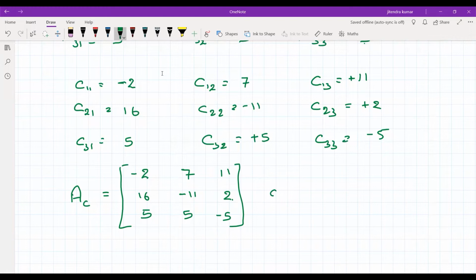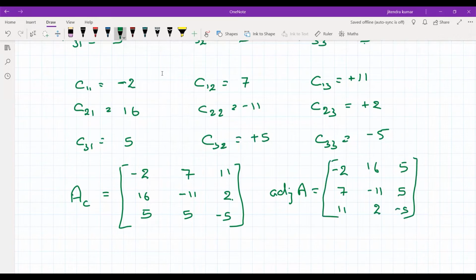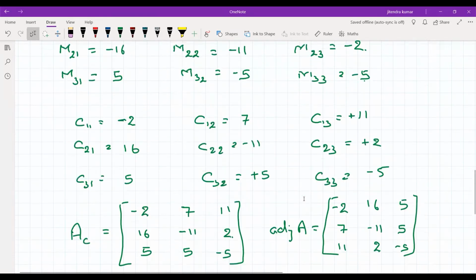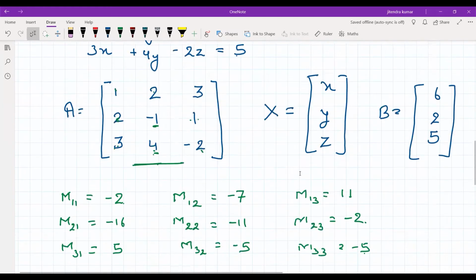So the adjoint of A will be equal to [-2, 7, 11; 16, -11, 2; 5, 5, -5]. So this is the adjoint of A. Now to find the inverse, we need to divide the adjoint of A by the determinant of A. So let's find the determinant of A here.